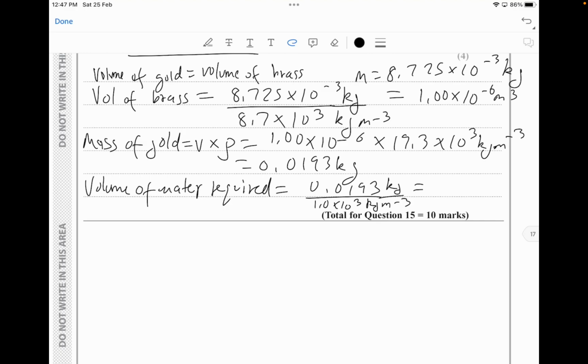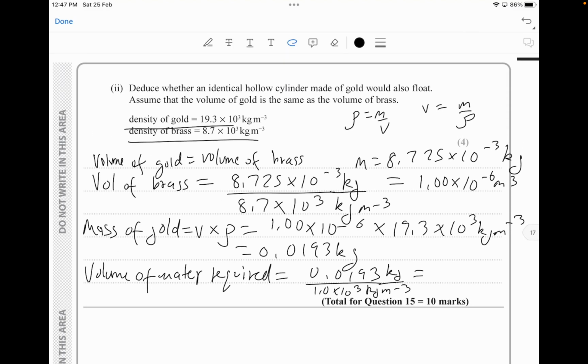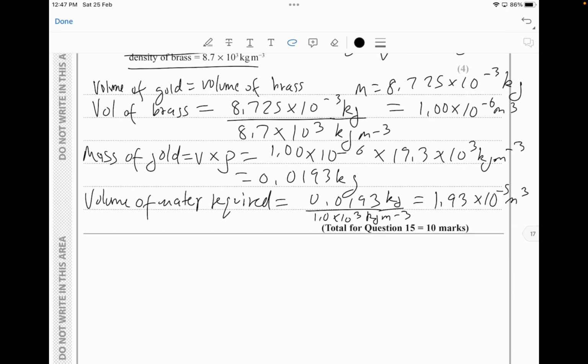So indirectly, we're going to calculate the volume required, since we know that volume is equivalent to the mass over density. If we put this in our calculator, 0.0193 divided by 1.0 times 10 raised to the power of 3, this is going to give us a value of about 1.93 times 10 raised to the power negative 5 meter cubed. Now this is the volume of water required.